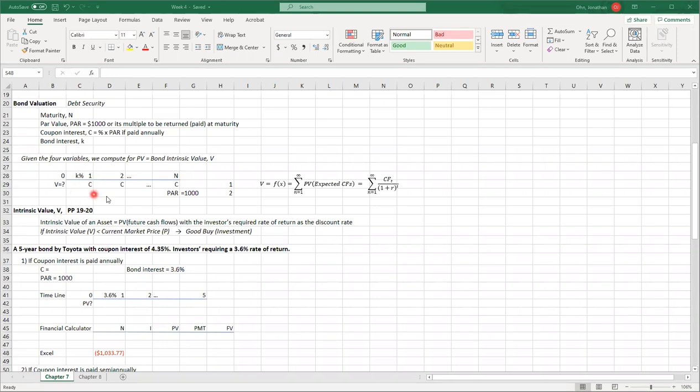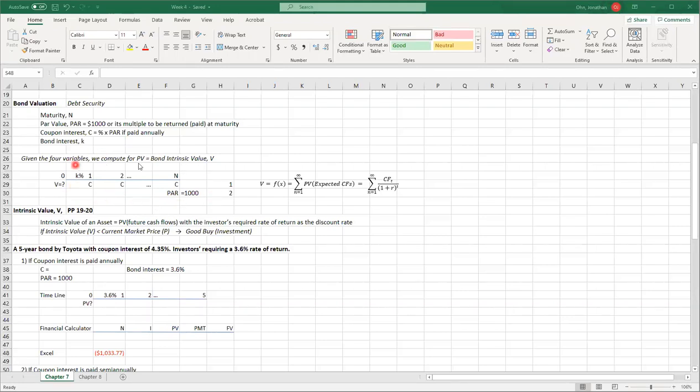Now we assume that the coupon interest is paid annually, and then we'll change that to semi-annually. So we have 10 coupon payments. Okay? So this is one cash flow, and another cash flow is the $1,000 par value at maturity. That is what's happening for this bond.